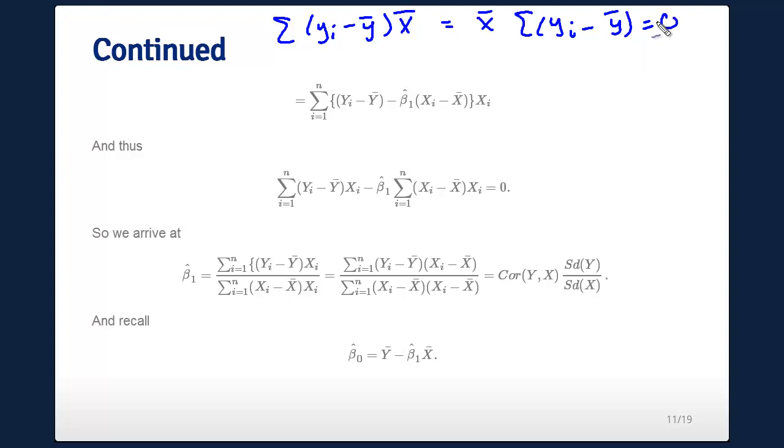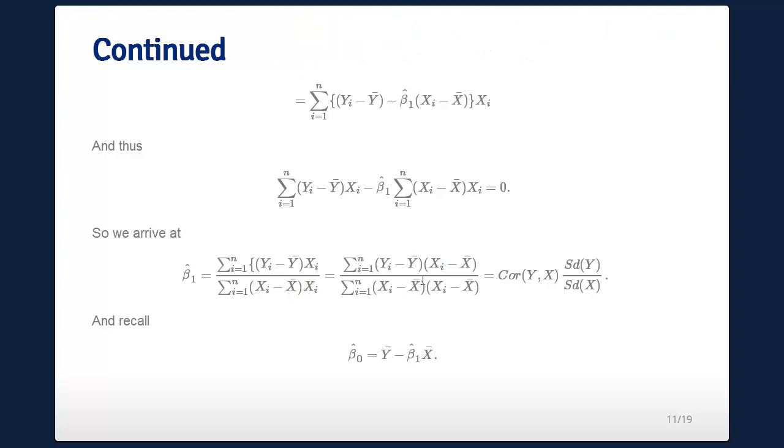We already know when we center random variables, their resulting mean is 0. So we can turn this xi into xi minus x bar instead of just xi in each case, because then if we multiply the sum through, that part is equal to 0.